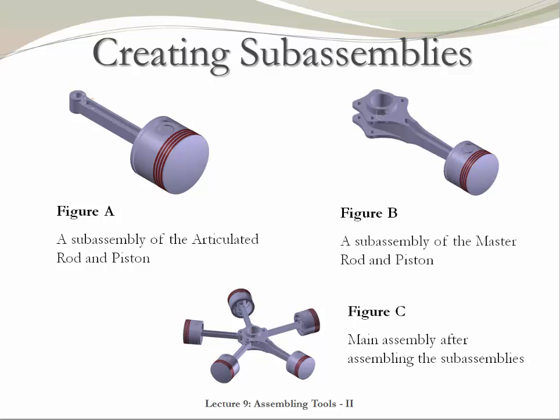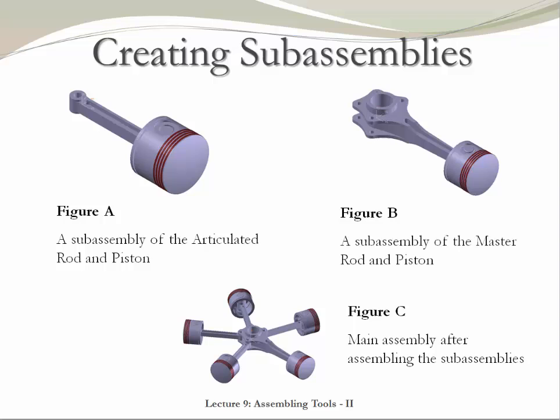We're now gonna learn how to create sub-assemblies and how to use them in NX. The advantage of having sub-assemblies is that you could create a feature that is repeated multiple times, and you could save it as a file and then simply import it and use it in the main assembly.